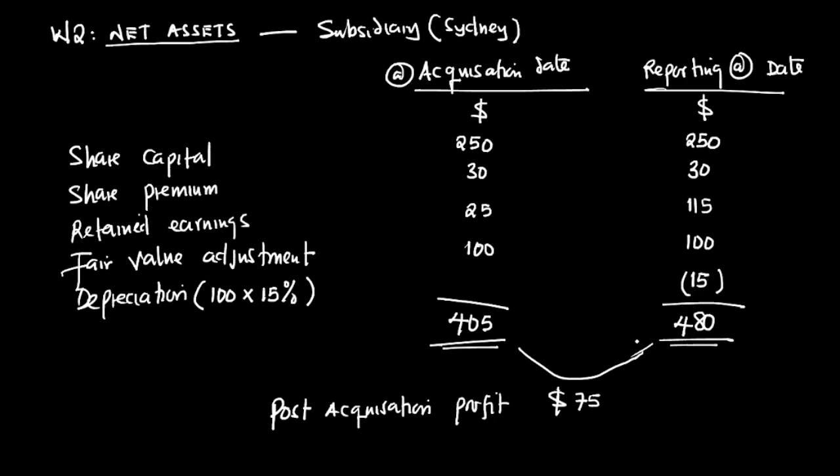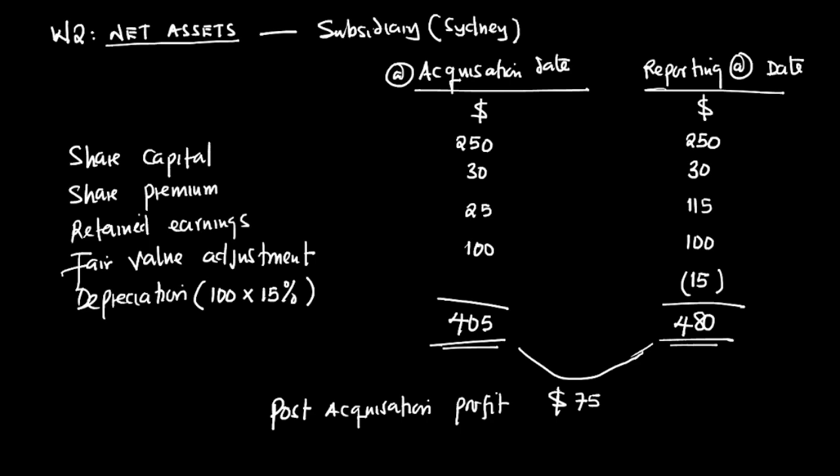So the value of the asset will be 85 at the reporting date. That's the year end. Then the difference between 480 and 405, the 75, we call the post acquisition profit, or simply the PAP, which is the profit after acquiring the organization.